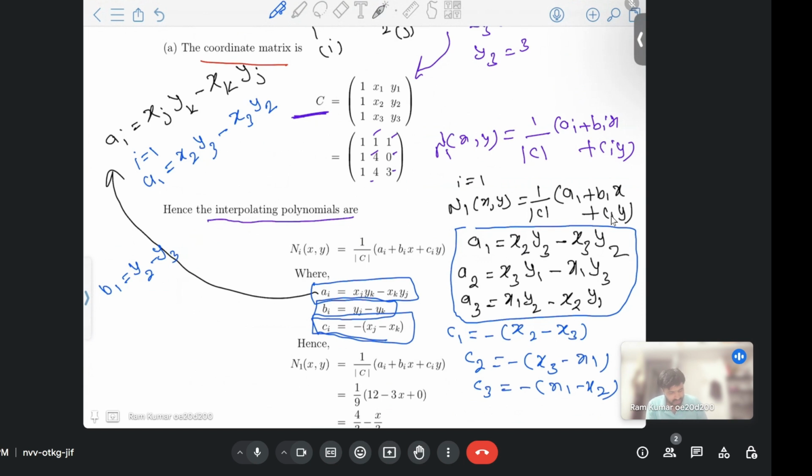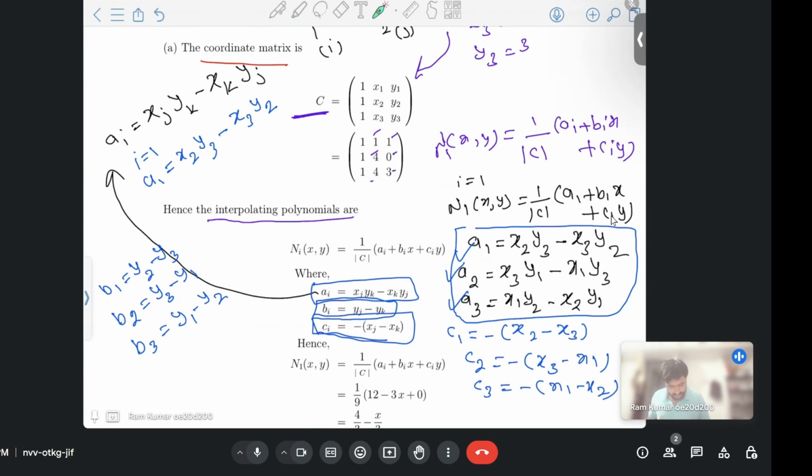So by following this, this is our a1, a2, a3. This is our b1, then b2 equals y3 minus y1, then b3 equals y1 minus y2.